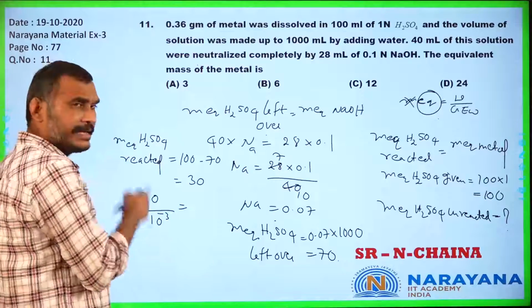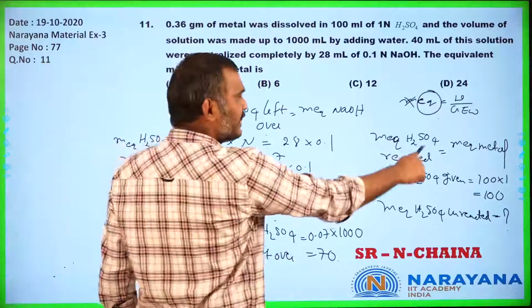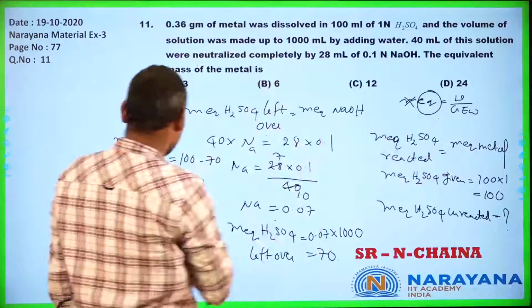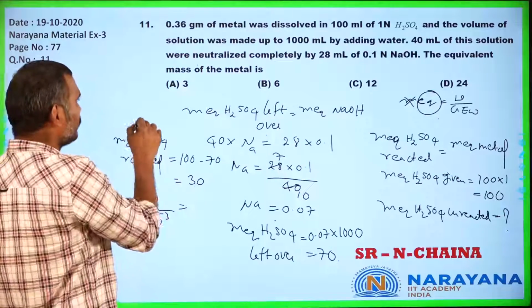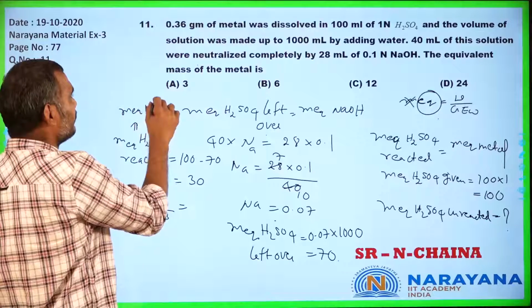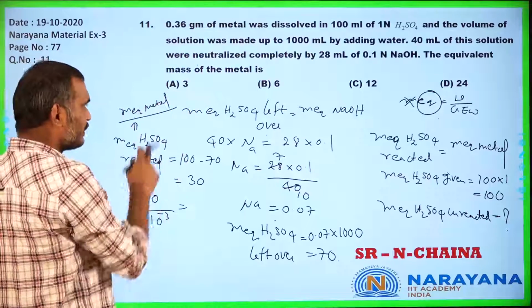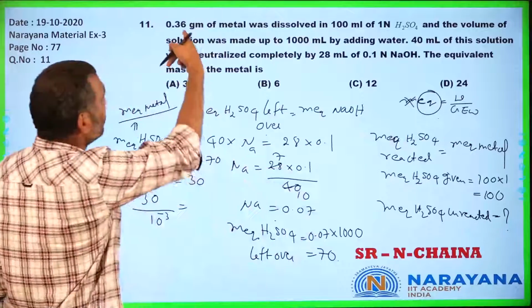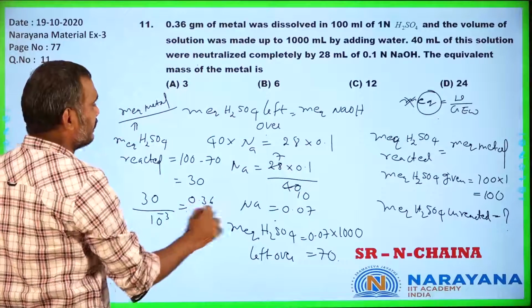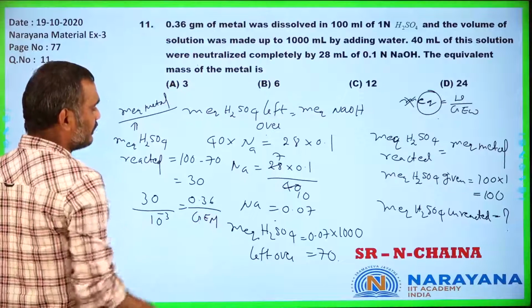That is nothing but equivalence of acid reacted. Equivalence of acid reacted is equal to equivalence of the metal. So milli equivalence of the metal I converted into equivalence, 30 by 10 power minus 3, which is equal to weight 0.36 by gram equivalent weight of the metal.